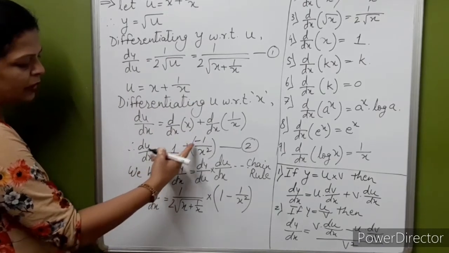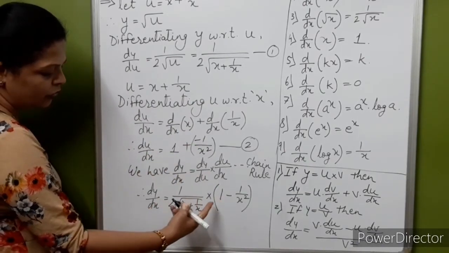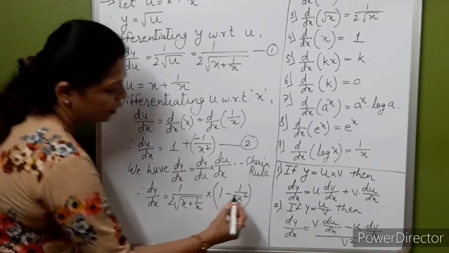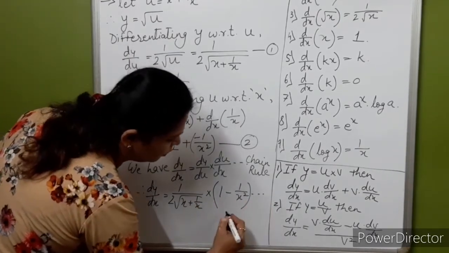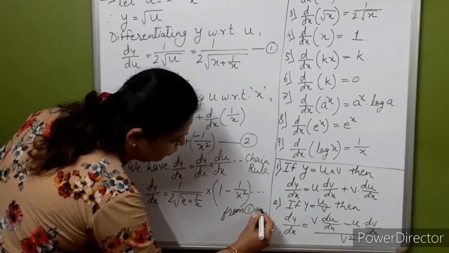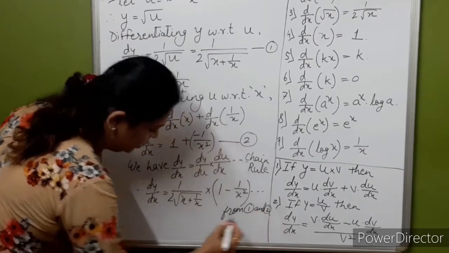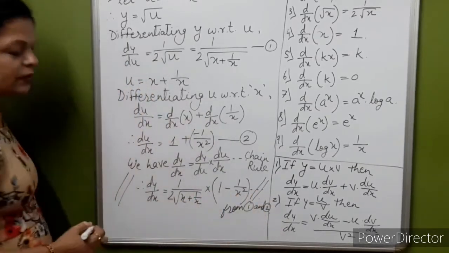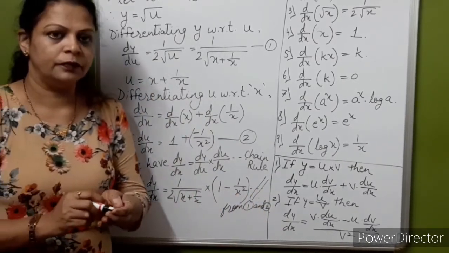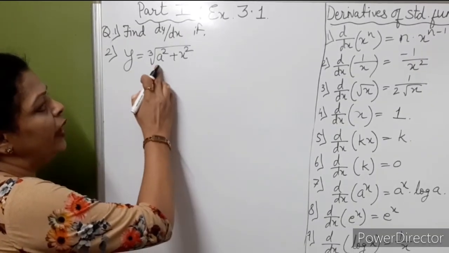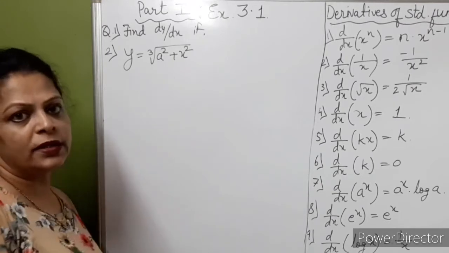Correct? This can be written as 1 minus 1 upon x square over 2 under root x plus 1 upon x. So, this completes your sum. This is the answer.